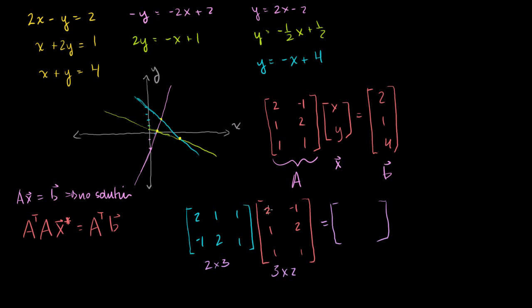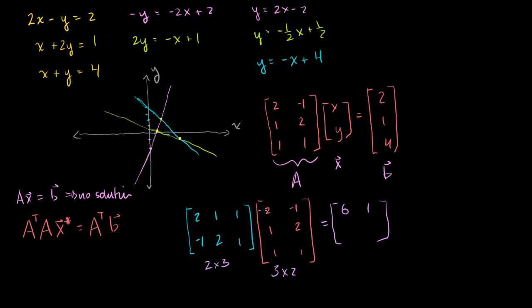We get 2 times 2, which is 4, plus 1 times 1, plus 1 times 1. So it's 4 plus 1 plus 1, which is equal to 6. And then we have 2 times minus 1, which is minus 2, plus 1 times 2. So those cancel out, minus 2 plus 2 is 0, plus 1 times 1. So that's just going to be 1.